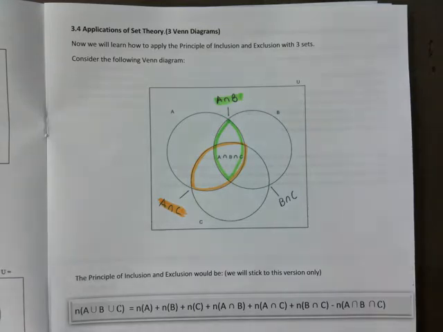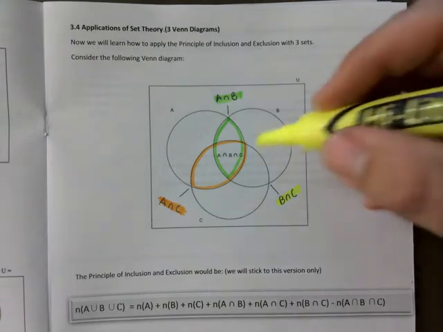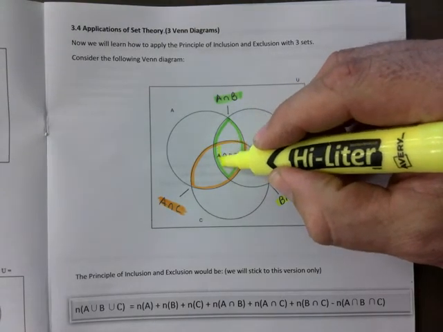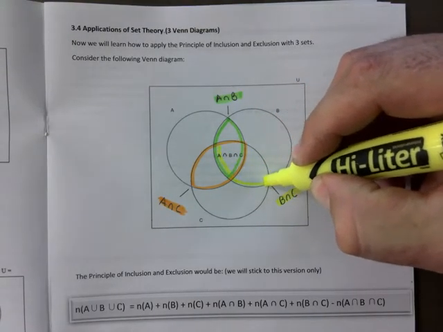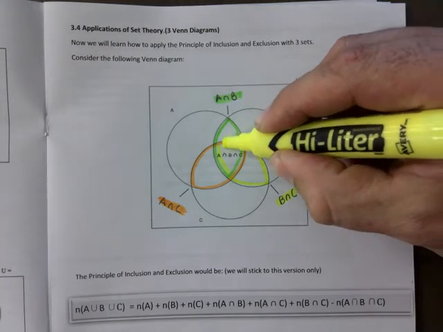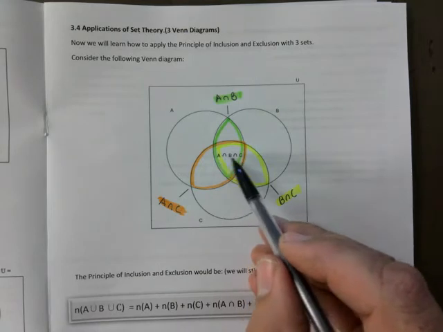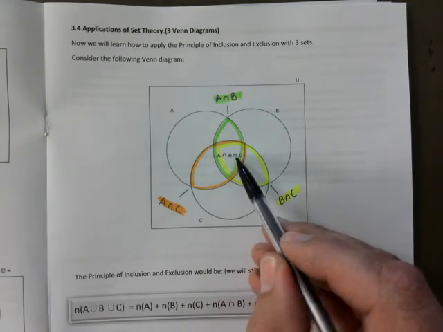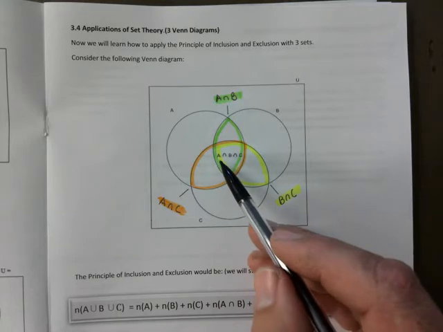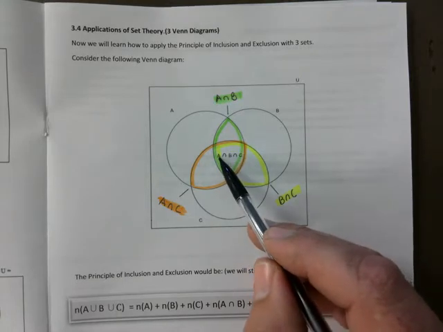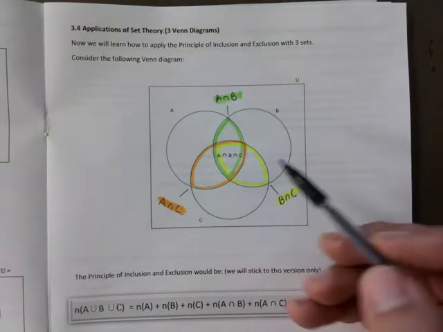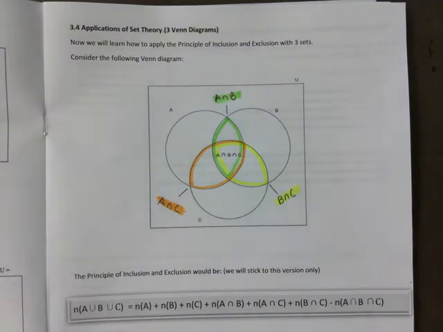And the last is the B and C. You use whatever color works for you, okay? I'm going to try not to go over the other so that you can see what's happening. Those intersections are going to be very important to us. And obviously the center is the intersection of A and B and C, right? Whoever's in here would be part of A and B and C. So that's where the 3 sets come in, okay?